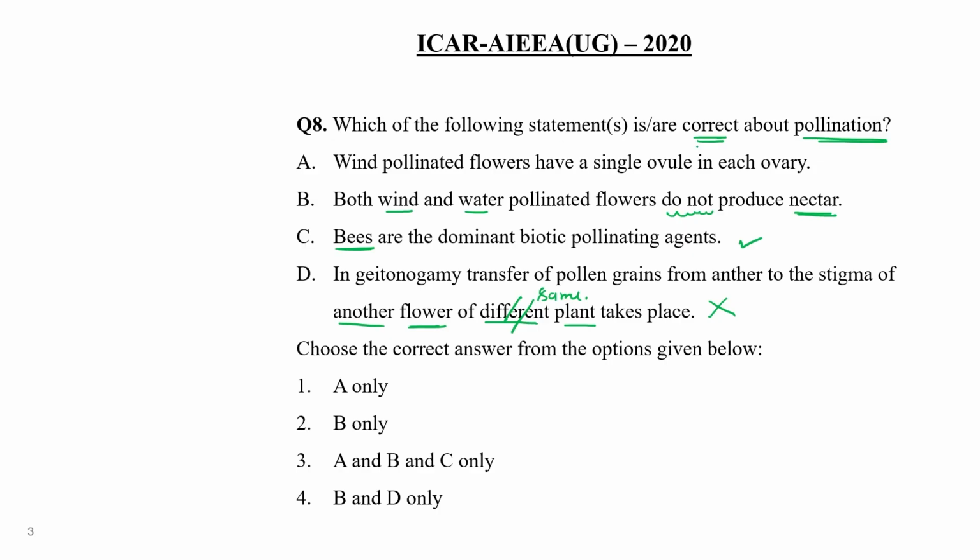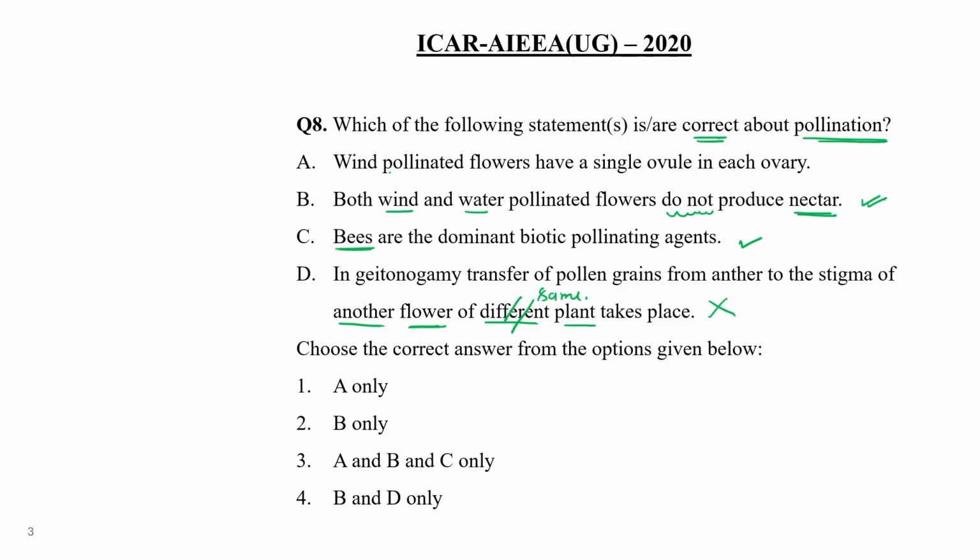All the flowers which produce nectar, fragrance and colored petals need to attract biotic pollinators like bees, moths and these kinds of insects. So this statement is also true.